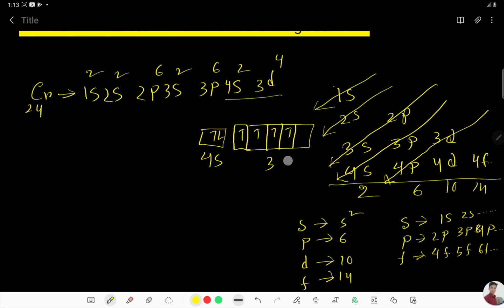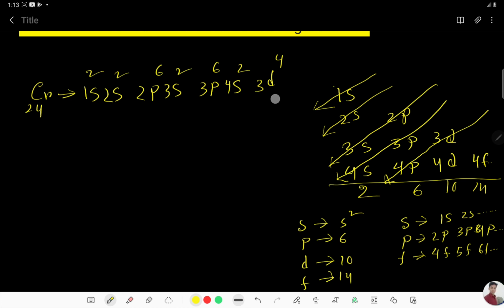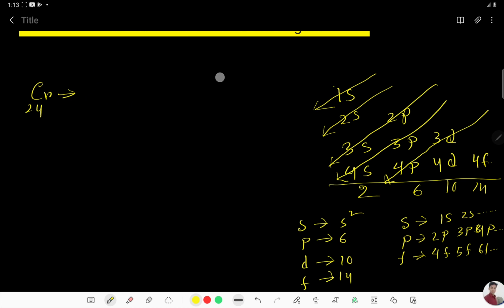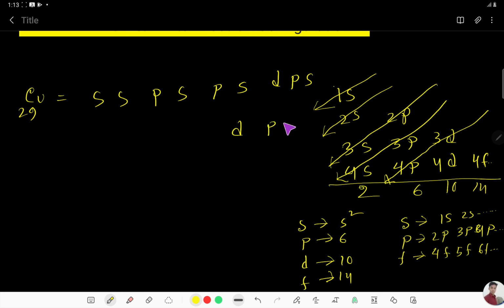Okay, now let's talk about the electron configuration of copper. You know that copper is an element whose atomic number is 29. So let us distribute s, s, p, s, p, s, d, p, s, d. So 2, 4, 10, 12, 18, 20, 29. Look, 1s, 2s, 3s, 4s, 2p, 3p, 3d.